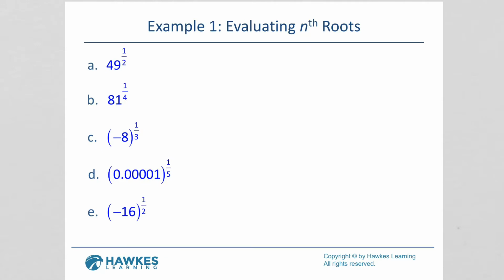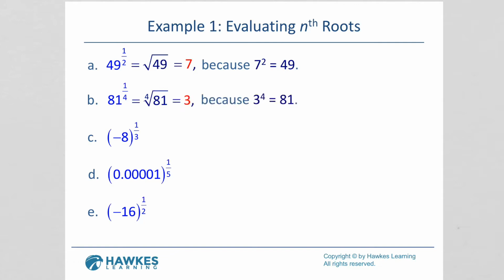Example 1a, 49 to the 1/2 is the square root of 49, which is 7, because 7 squared is 49. Example 1b, 81 to the 1/4 is equal to the fourth root of 81, which is equal to 3, because 3 to the 4th power equals 81.